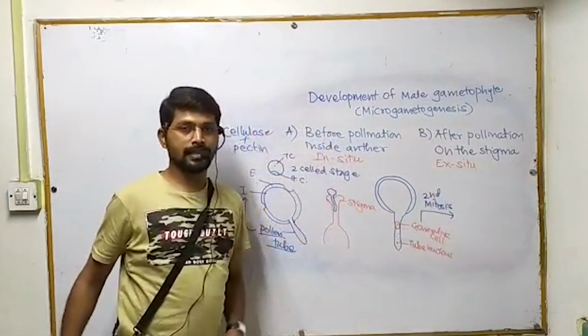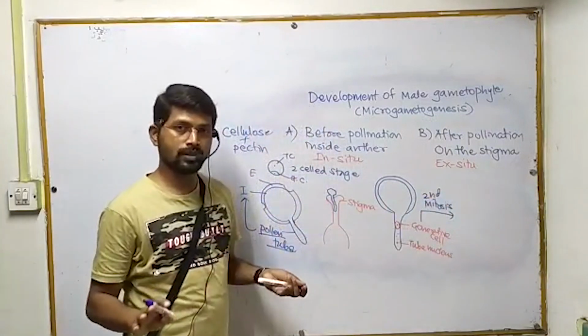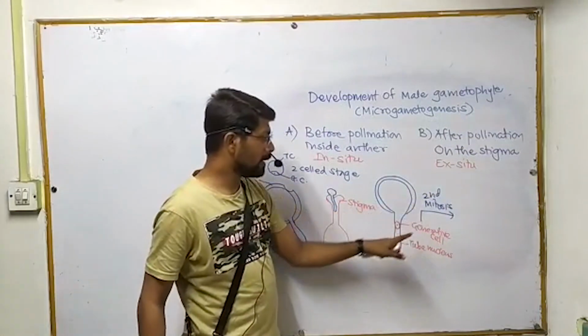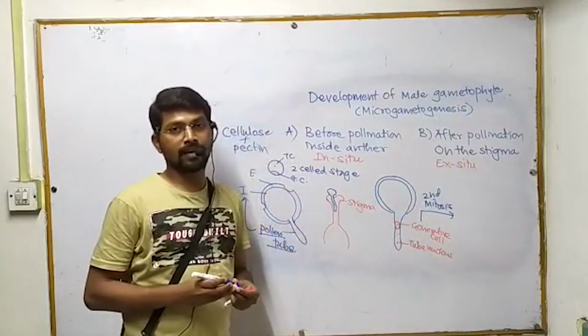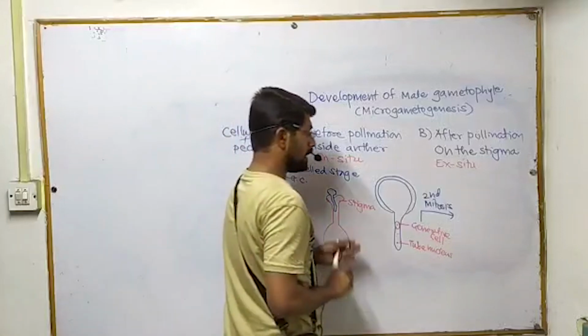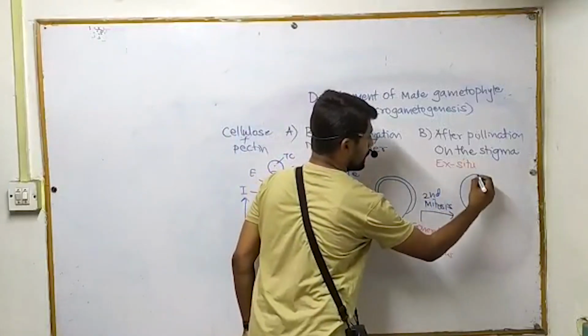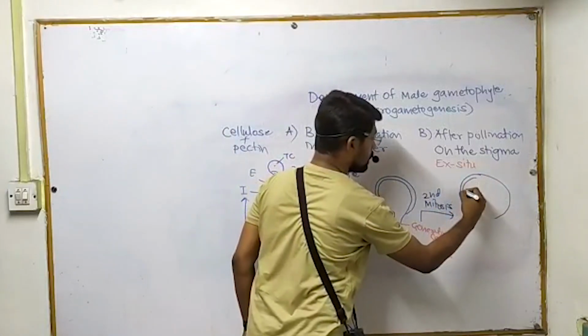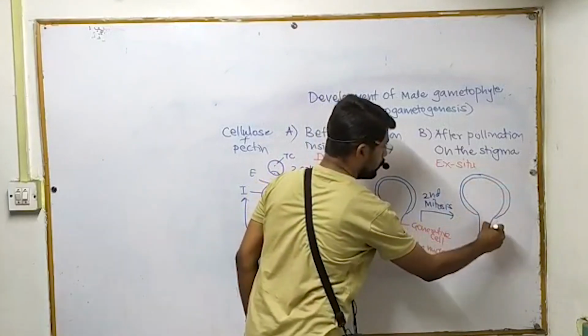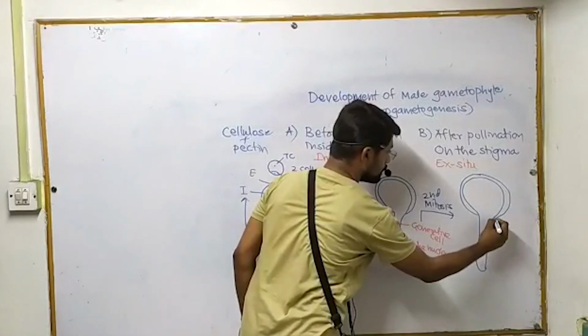This generative cell lacks a distinct wall, has no reserve food material, and no vacuoles. After the second mitosis, this generative cell divides to produce two haploid cells, and now the structure will appear like this. Again, this is exine, this one is intine, and the pollen tube is coming out like this.